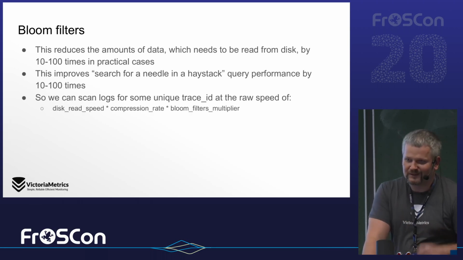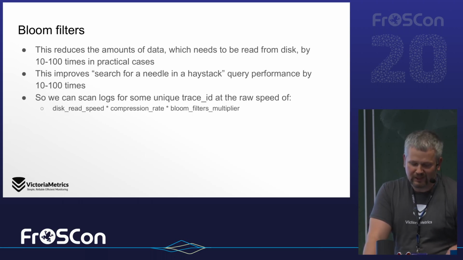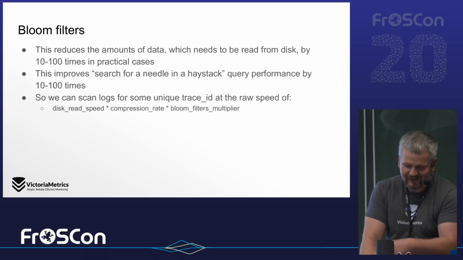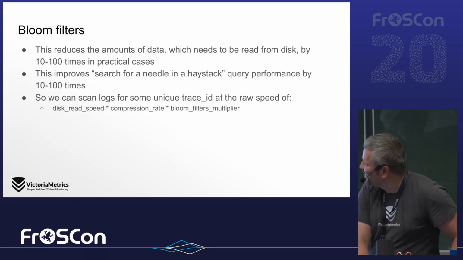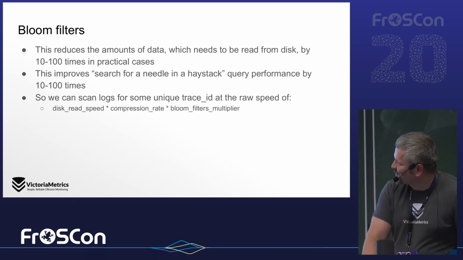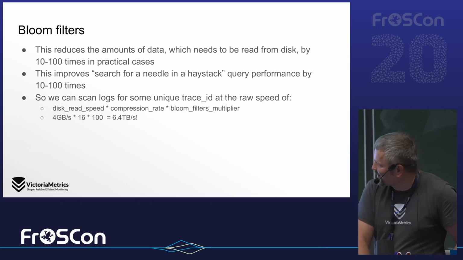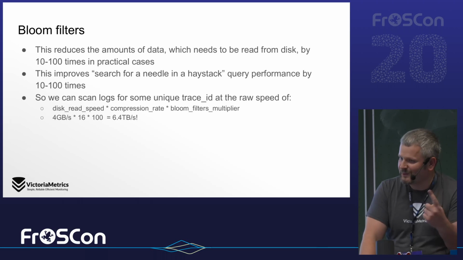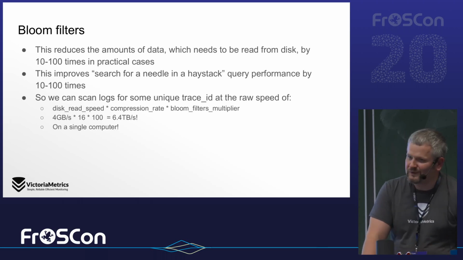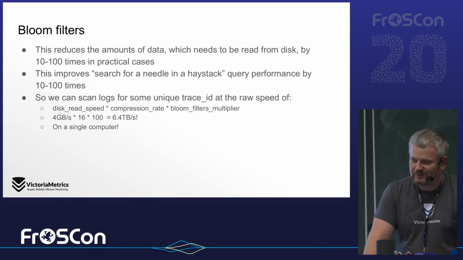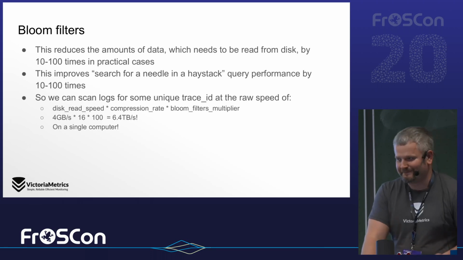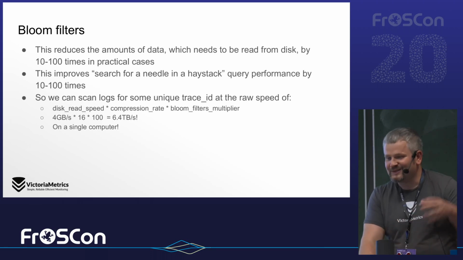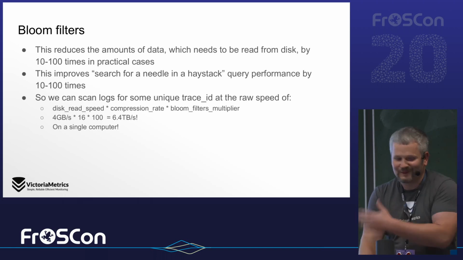It can be calculated as the disk speed multiplied by compression rate, in our case 16, and multiplied by this Bloom filters multiplier. If we put numbers to this equation, we get that we can scan logs on a single computer at the speed of 6.4 terabytes per second. And that's not some theoretical numbers, that's real numbers from production.